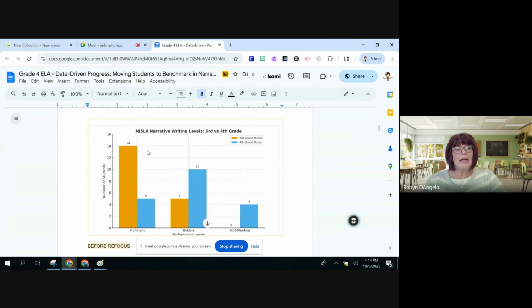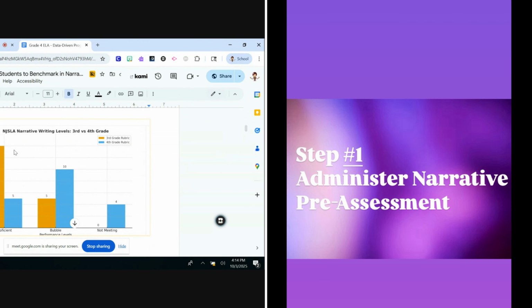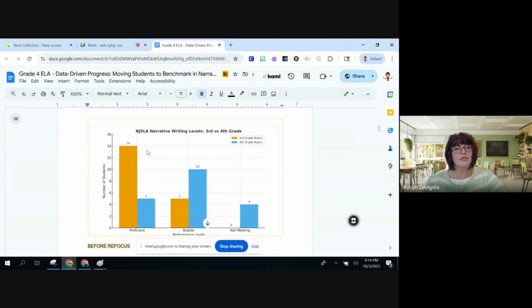So I knew where they ended up in third grade, but there's still that summer slide a little bit. And so when we started in September, the second week, I gave them a narrative pre-assessment that was in our curriculum. And I compared it because I like to see the transition from third to fourth. So you could see in the gold would be the students that were in third grade compared to the third grade rubric, comparing their pre-assessment narrative to the third grade rubric.